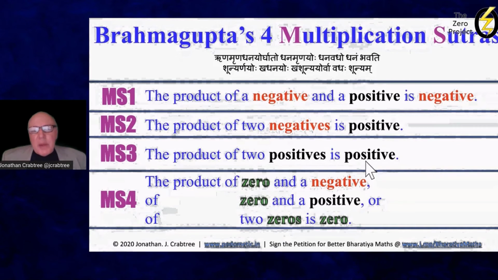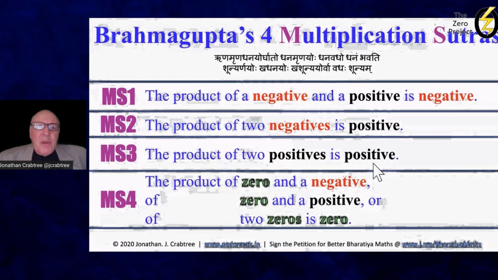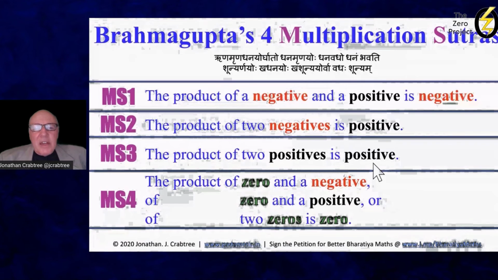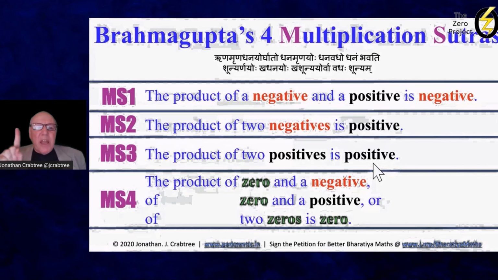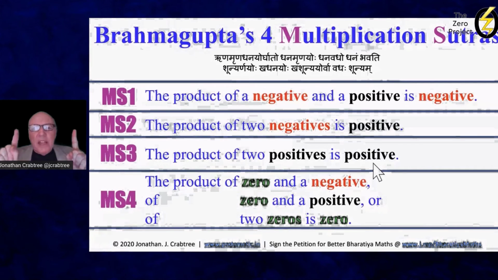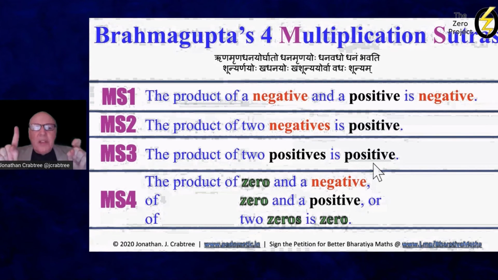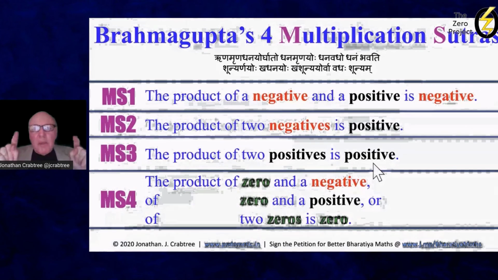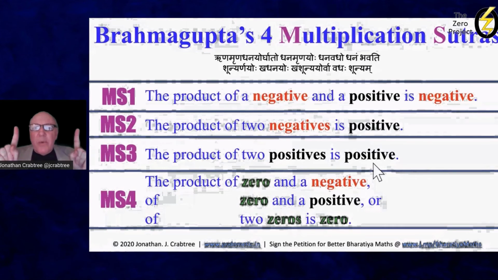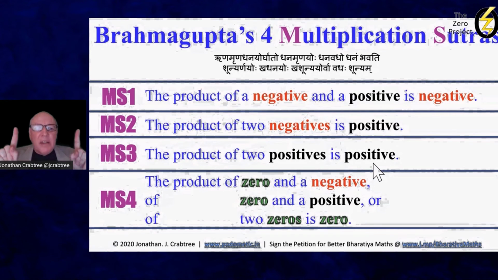Here we see the multiplication sutras. If you accept that 0 is defined as a sum of equal and opposite quantities, we could say that this one here is -1 and this is +1, and together they sum to 0. Now, -1 multiplied by -1 actually means -1 subtracted from 0 one time.